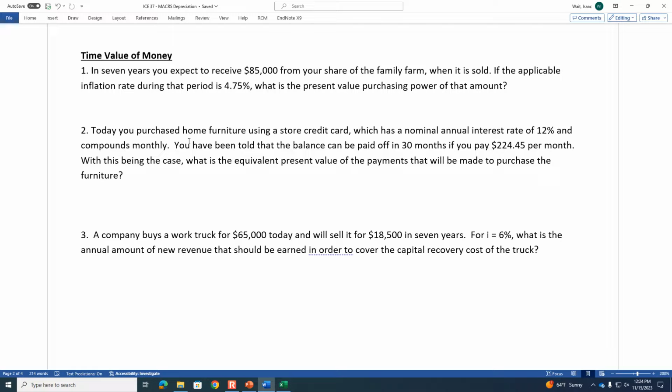I think it's a good idea to refamiliarize yourself with that approach. So if you don't have a factor table for the percentage that I mentioned, then that means you should use the equation method.